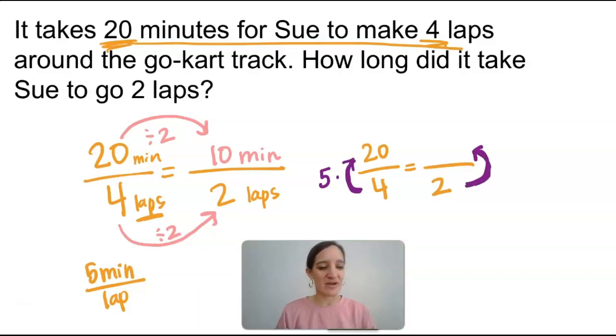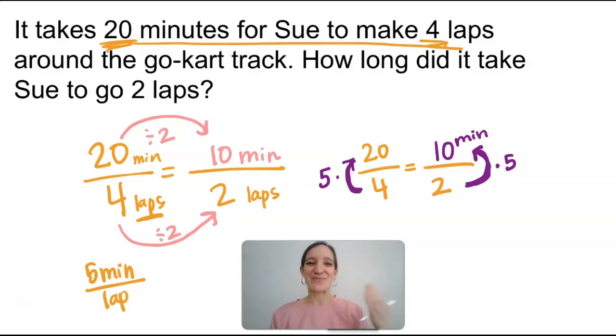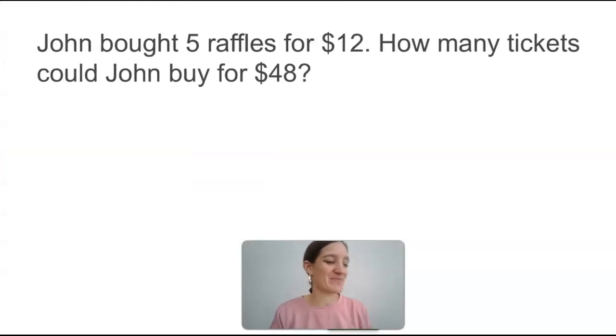I took my smaller number on the bottom, times it by 5. Does that still give you 10 minutes? Yeah, it does. So actually these relationships that I've been teaching you not only go from known ratio to unknown part, but from the top to the bottom or from one label to the other label. So sometimes if you can't find a relationship from known to unknown, look up and down and see if there's a relationship there. Okay, let's see if you can try it.